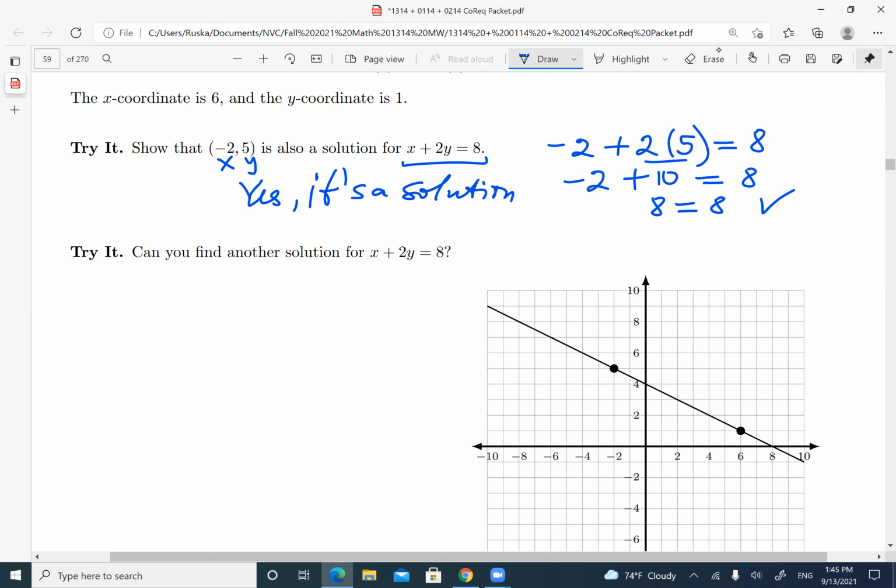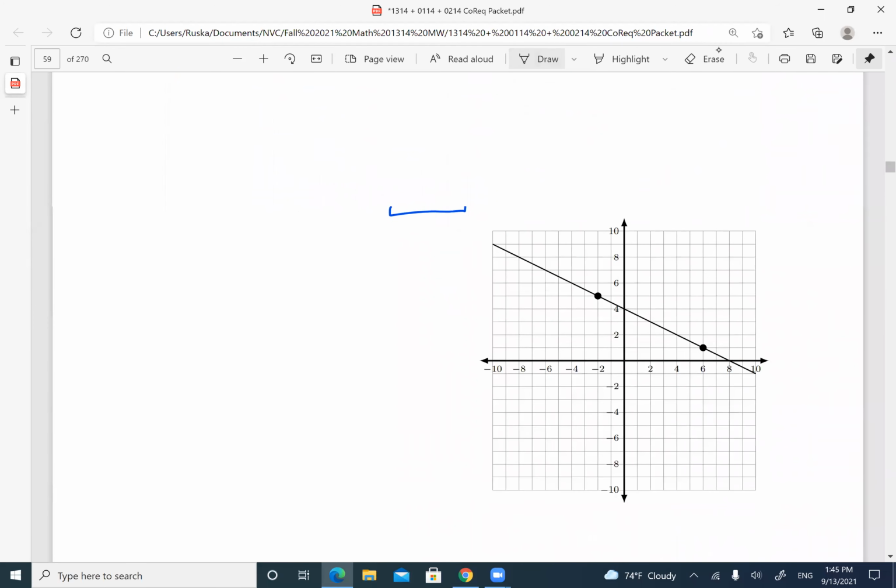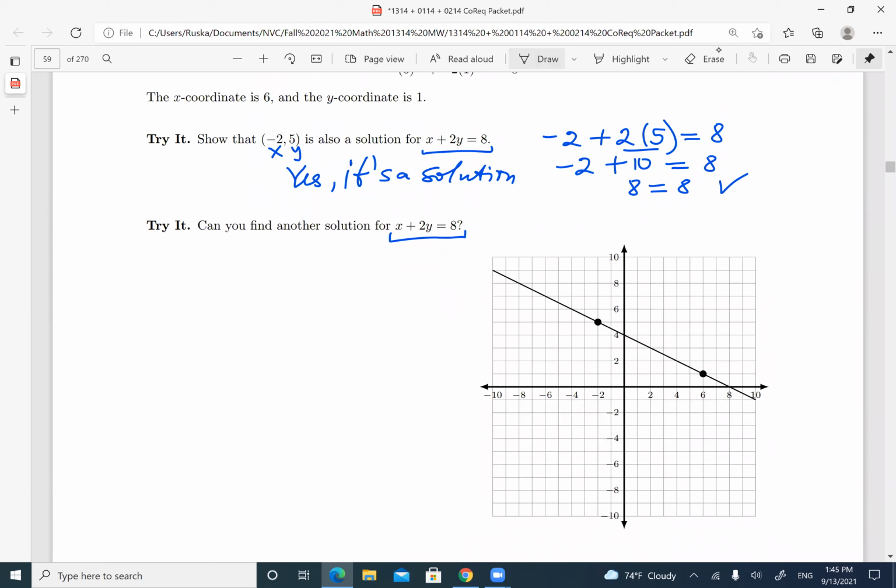Now the question is, can you find another solution for this equation? How do you find another one? You can just pick any number for x and find y. That's the easiest way to do it. Or pick a number for y and find x. So for example, let's say y is 0.